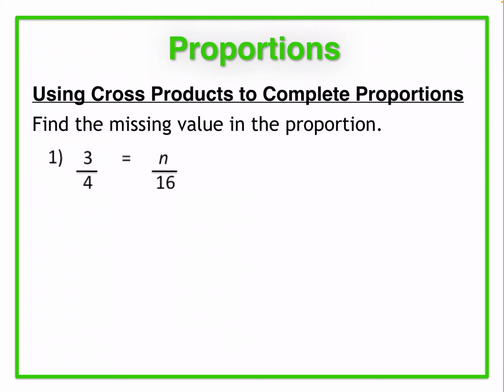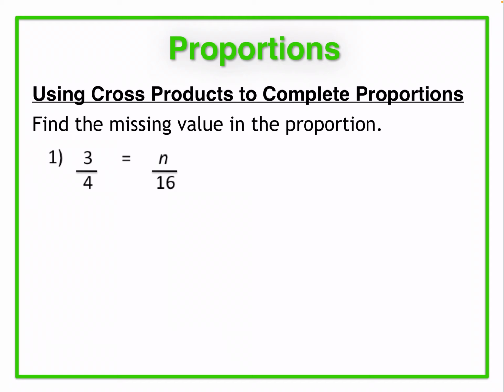So that means 4n equals 48. If we want to leave the variable alone, the 4 that is multiplying n, we pass it to the other side, dividing. It will be 48 divided by 4, so n equals 12.